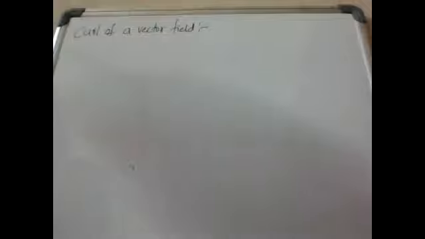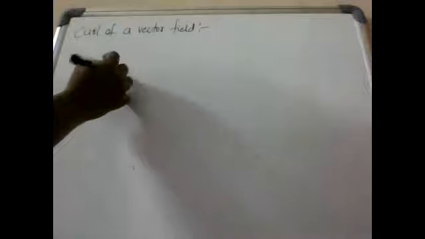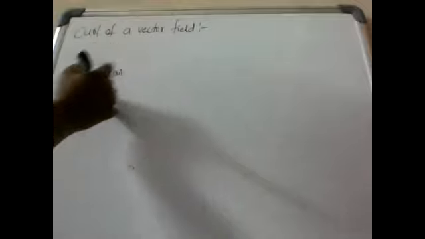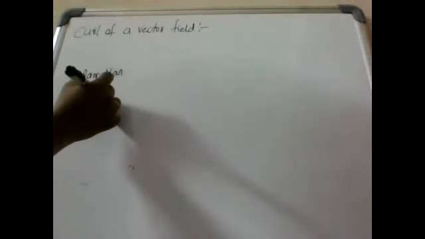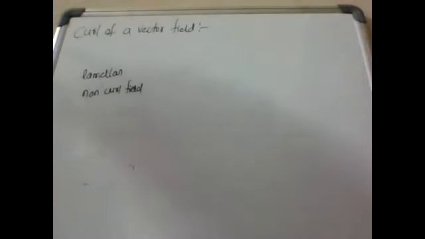So how to define the curl of a vector field? Consider that a vector field is derived as a gradient of the scalar field. In this case, the line integral of the vector round any closed path in the field is 0. Such a field is called a lamellar or non-curl field.